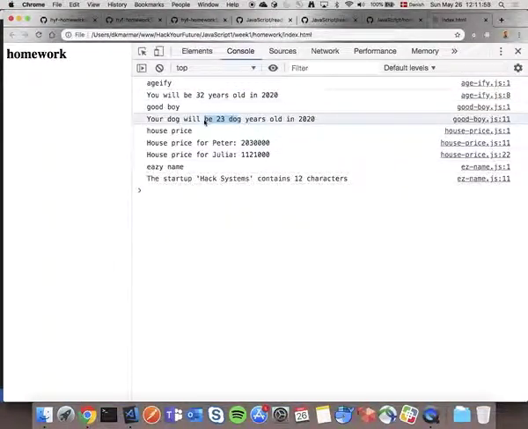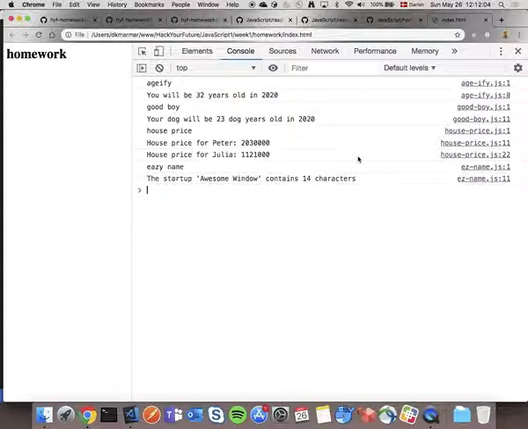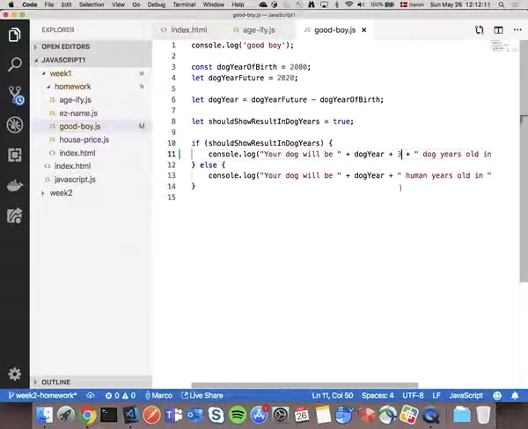Where is it? 23. But if we remove this, it actually concatenates the string. Now it's 203. So in this case it works with the multiplication, but if you use the plus, because the result of this one is 20, right? It actually considers all of it a string.